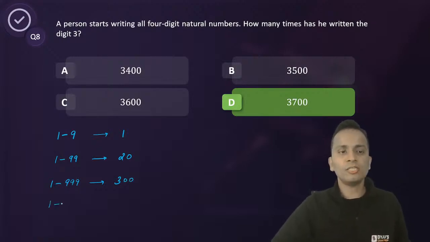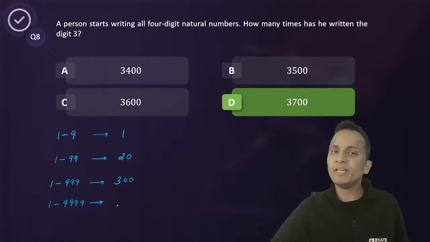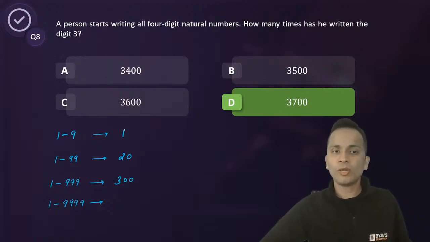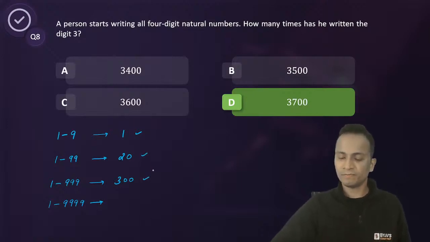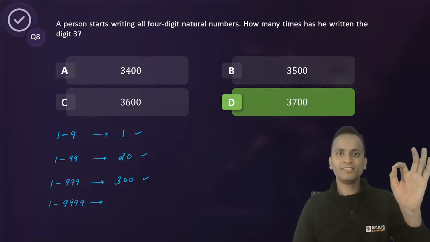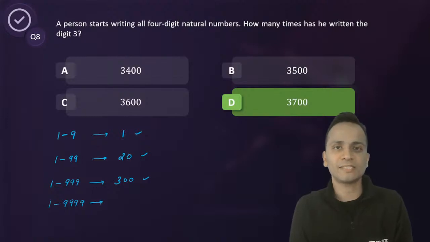If I write all the digits starting from 1 up till 9999, then every digit will repeat. Wait. Now look at this series 1, 20, 300. If you will have to complete this series 1, then 20, then 300, which number will come next?